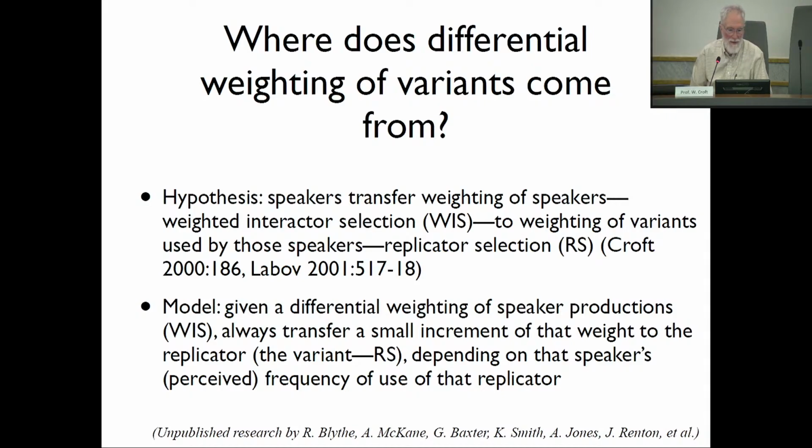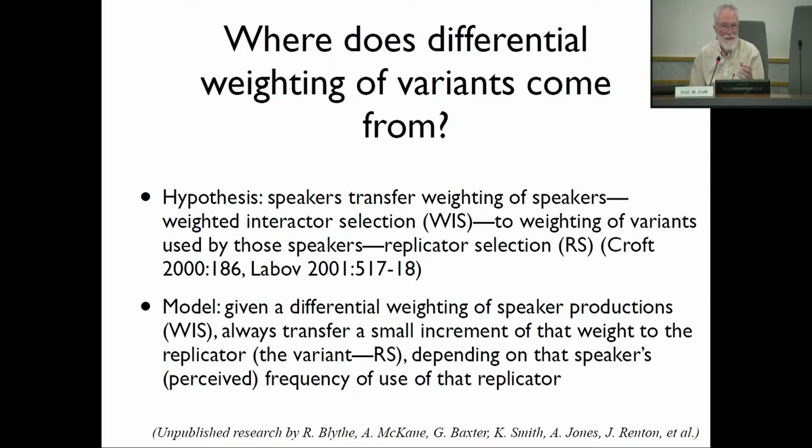So, sort of an obvious idea, so two different linguists came up with this idea independently about the same time. And so the model my colleagues proposed was to basically have a little bit of that speaker attitude rub off on the variant as the positively valued speakers produce those variants. So in other words, you're always getting a little extra. This is a very mathematician way of thinking of it.